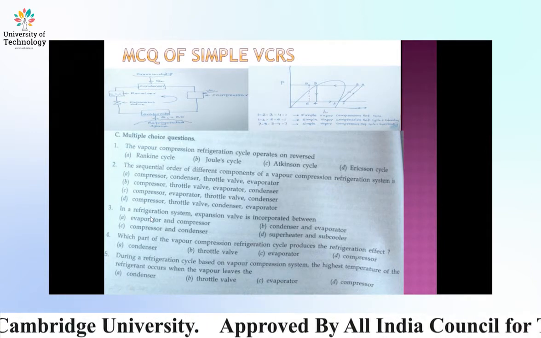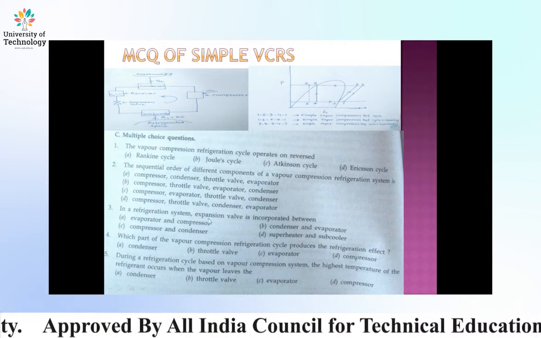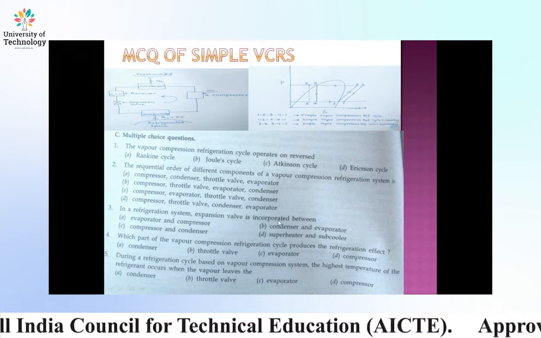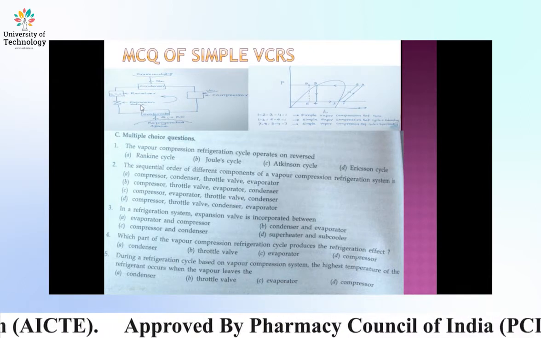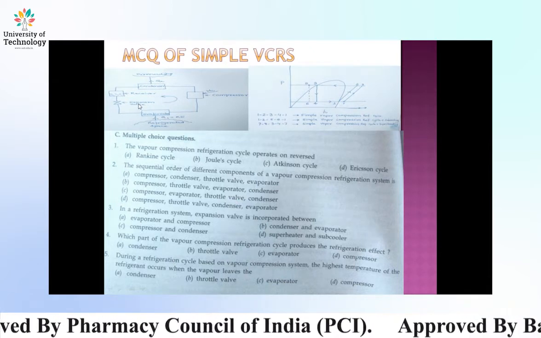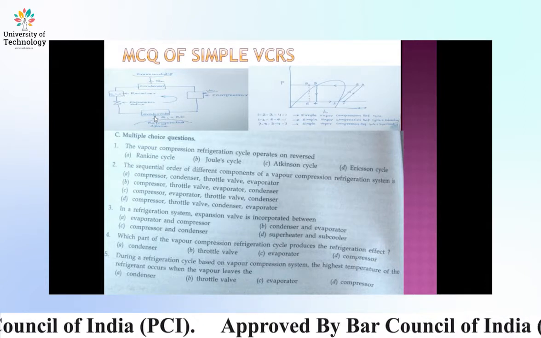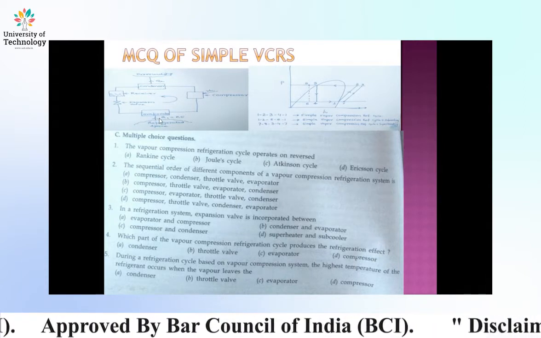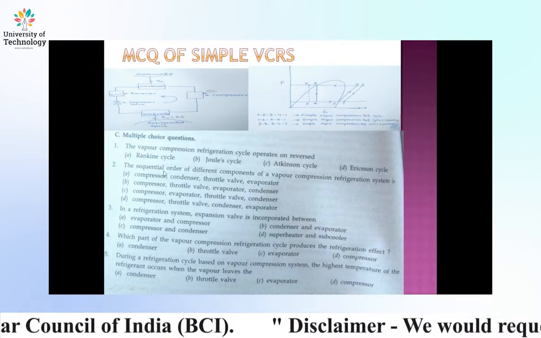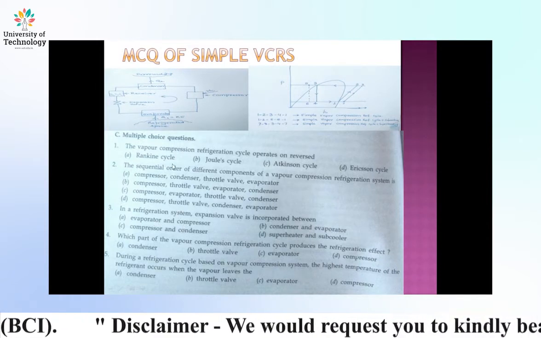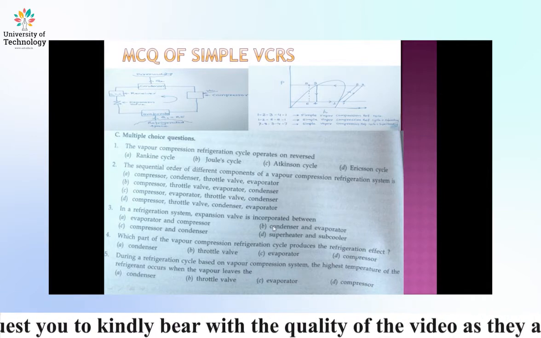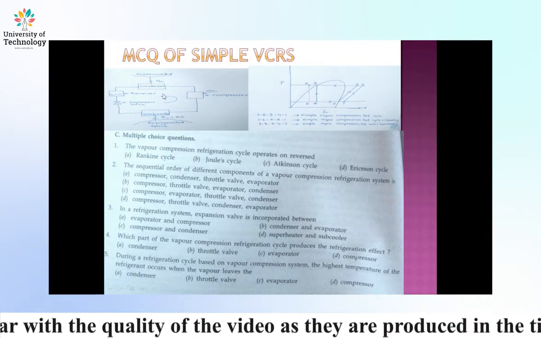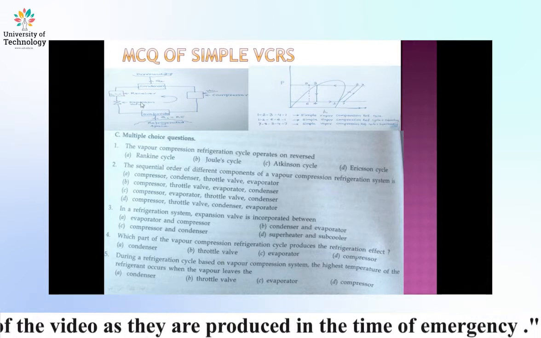Now question number 3. In refrigeration system, expansion valve is incorporated between which components? Look at the expansion valve, here it is. It is incorporated between condenser and evaporator, or receiver and evaporator. In the options, look at evaporator and compressor: there is no expansion valve. Condenser and evaporator: yes, in between condenser and evaporator there is expansion valve.